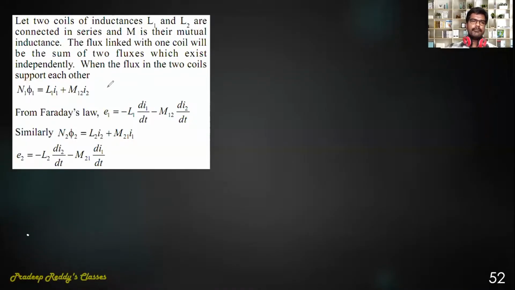Students, look here. Let two coils of self-induction L1 and L2 be connected in series. So you are taking two inductors. This is inductance L1 and one more inductor, its inductance is L2. These two are connected in series.